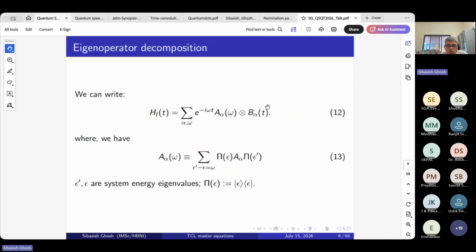Okay, so now we'll do one more approximation. We have made the Born approximation and the Markov approximation, and these two give rise to the Bloch-Redfield equation. Now we'll do one more approximation.